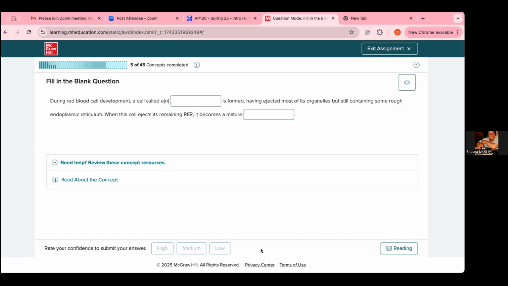Okay, I don't know about red blood cell development, so we have to look. Okay, let's look it up and see.